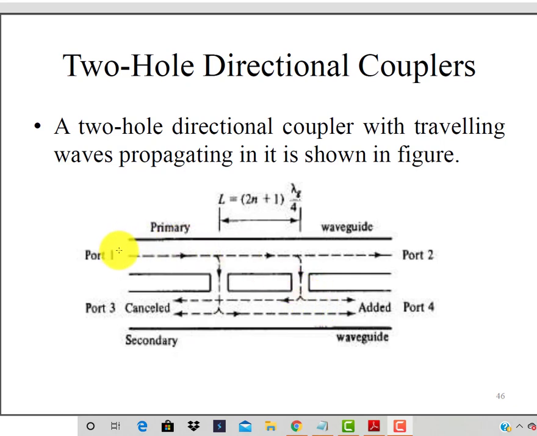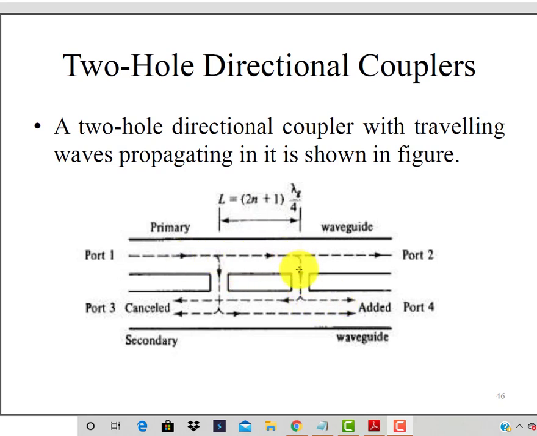In the first case, if the power is incident at port 1, the maximum amount of the power comes to port 2. Now if we observe the power at port 4, the power comes directly with respect to hole 1. The path traveled by this signal is (2n+1) λg/4. Now consider the signal coming from hole 2.